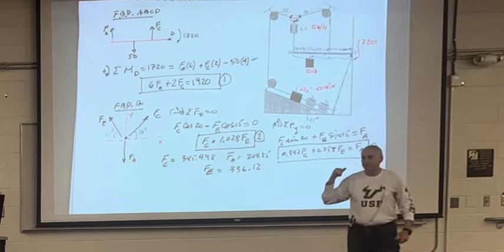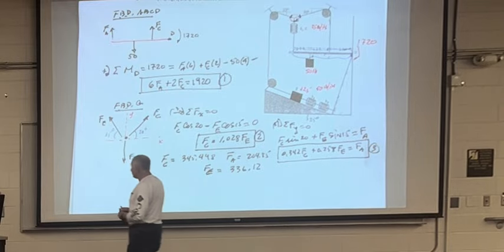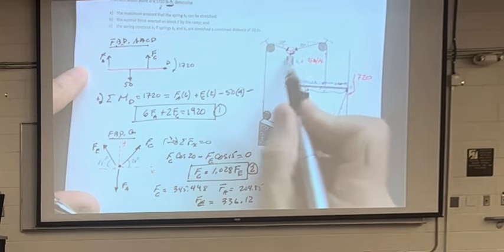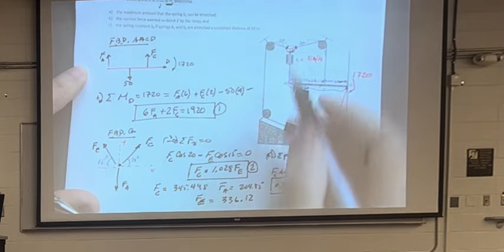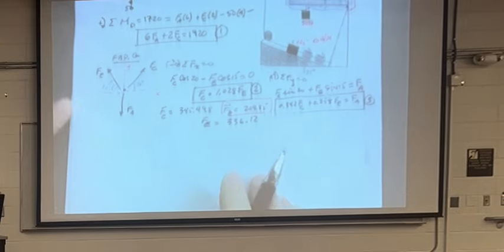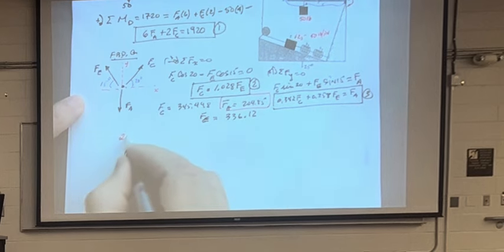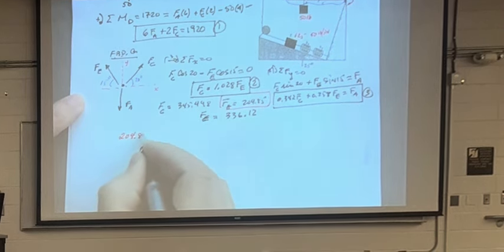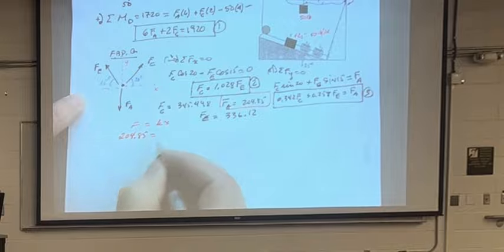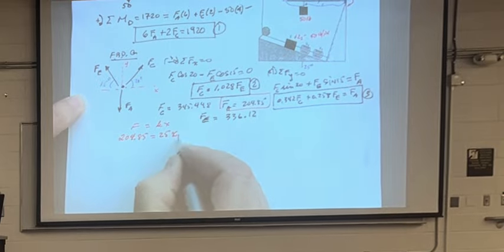Any questions? All right, now, it did ask me, hey, tell me the x1 for this spring. Well, now that I have the force in FA, which is this right here, I can now say 204.85, this is Hooke's law, F equals kx, is equal to 25 x1.